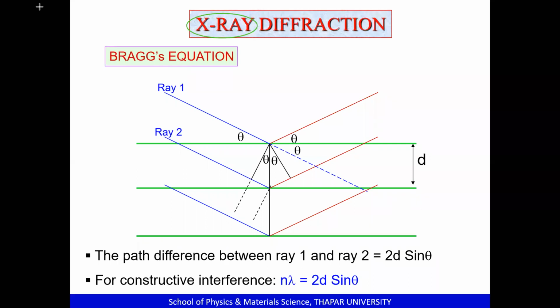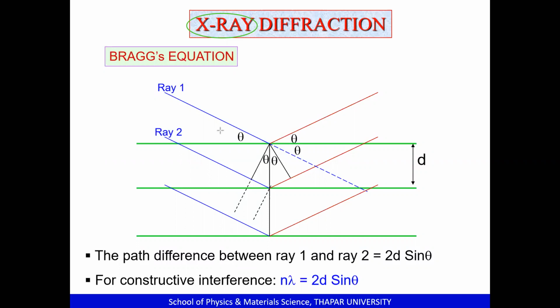Let us assume we have an X-ray source and it falls on the crystalline material which is made up of atoms making parallel planes, marked as these green color lines, and the blue color lines are the incoming radiation. This geometry is known to you. You have studied it in your last class in optics.